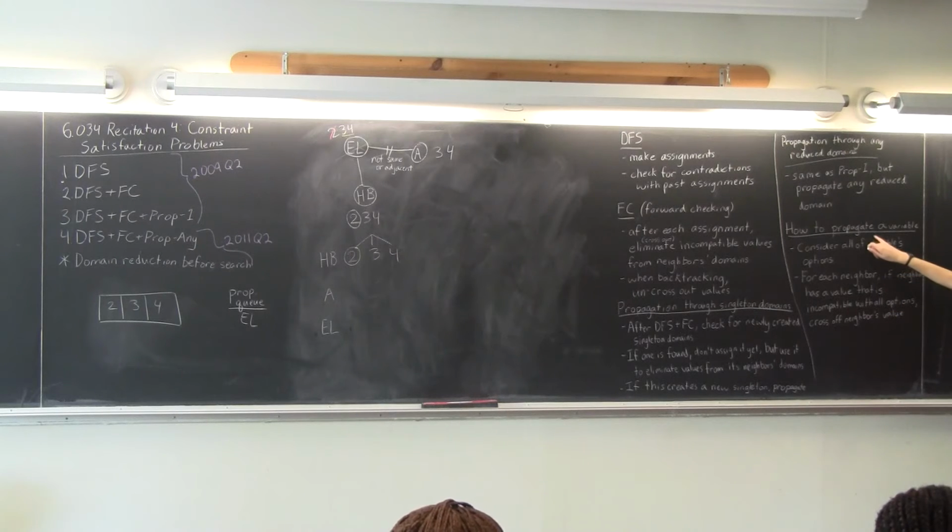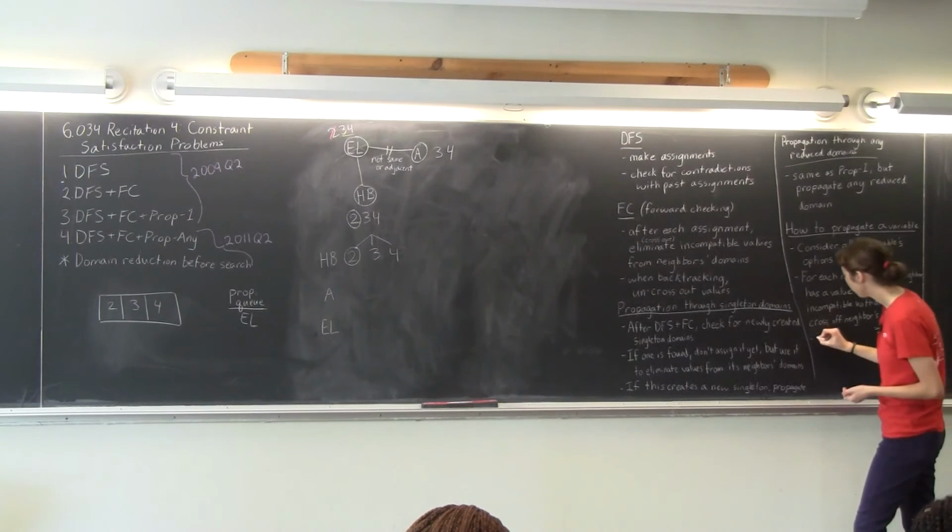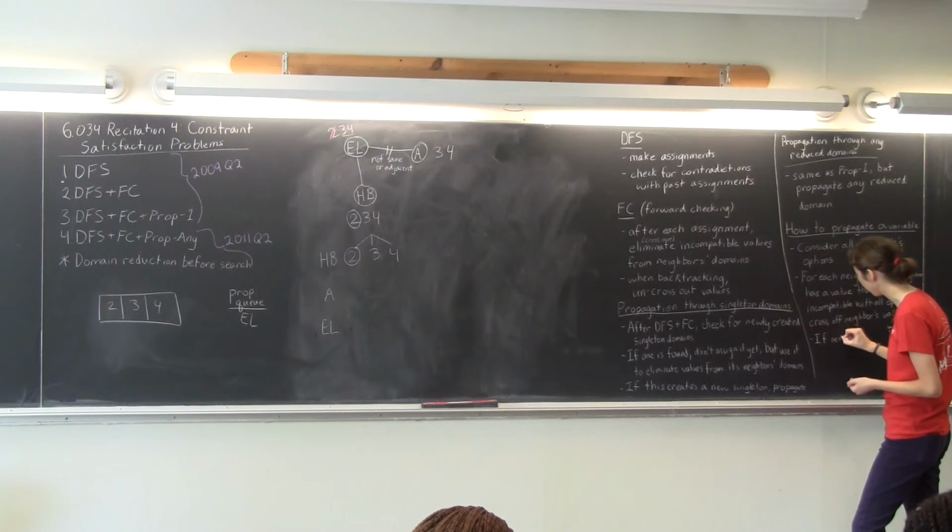And then finally, the propagation part means that we're going to continue doing this through different variables. So if a neighbor is reduced, we'll add it to the propagation queue.